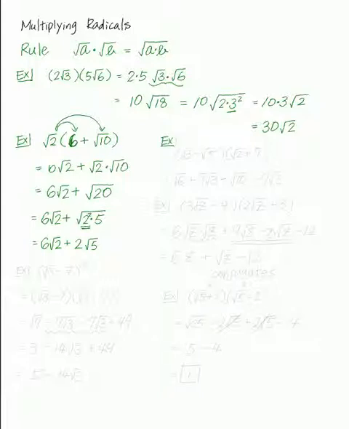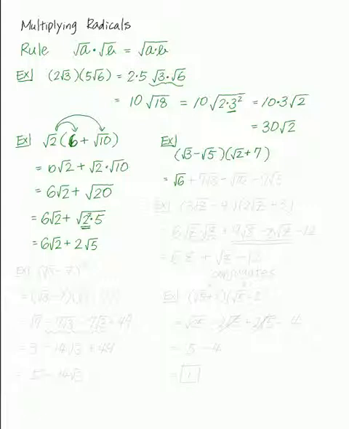Next up, we're going to have root 3 minus root 5 times root 2 plus 7. Now here I have to use FOIL. So I'm going to start out by multiplying root 3 times root 2, which gives me root 6.